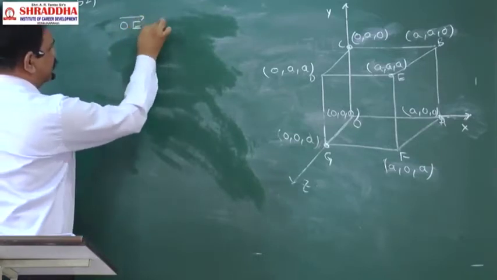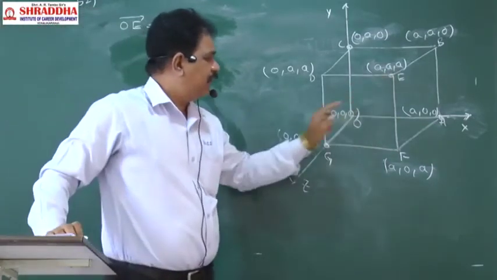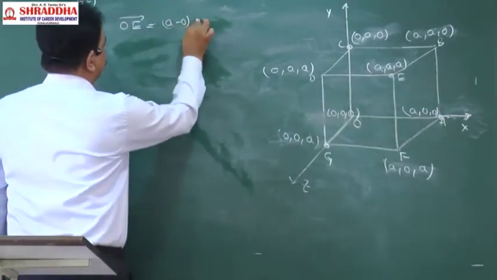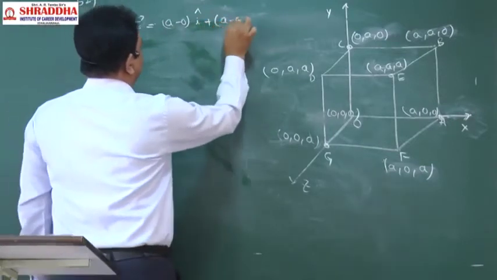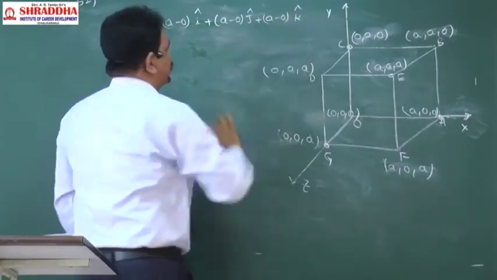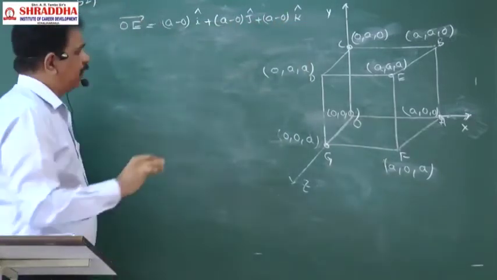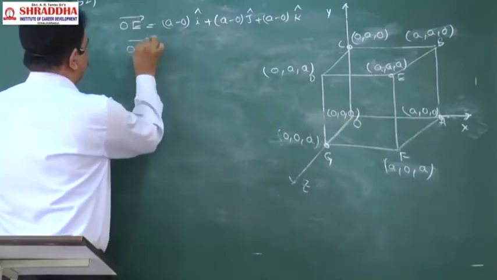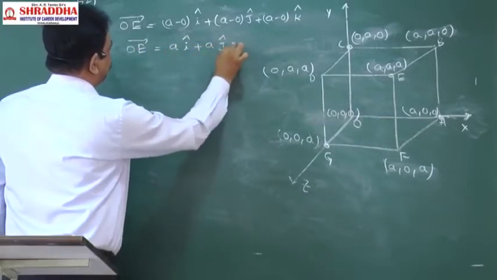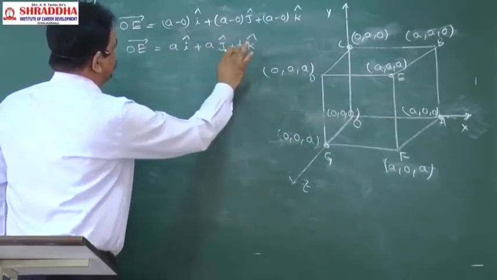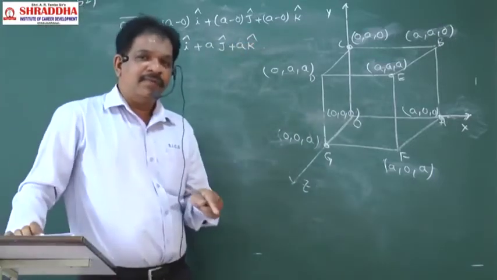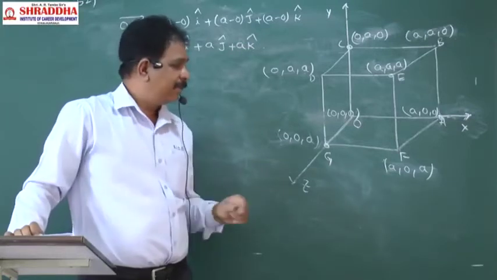Then OE bar is equal to a i cap plus a j cap plus a k cap. Side is a. In the problem, the side given is 1.